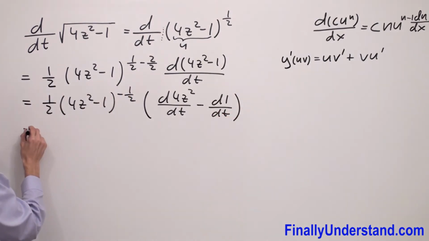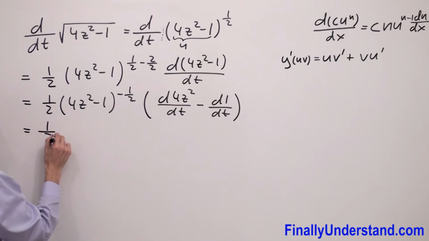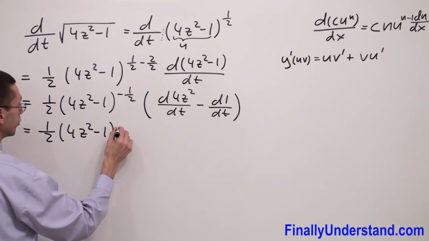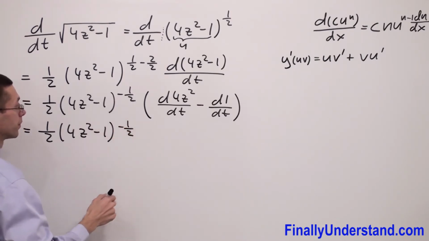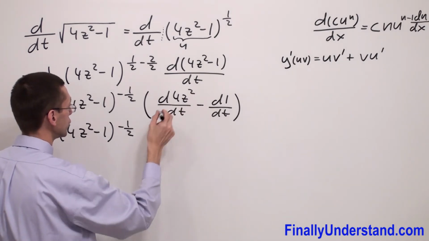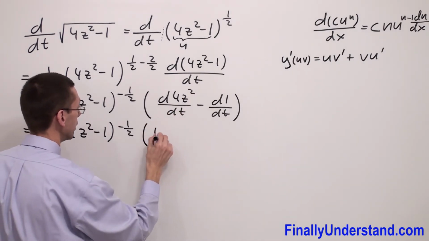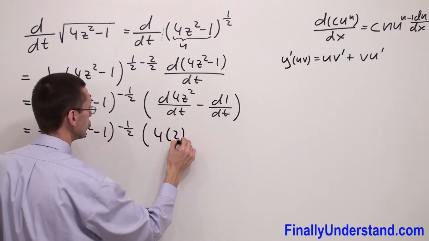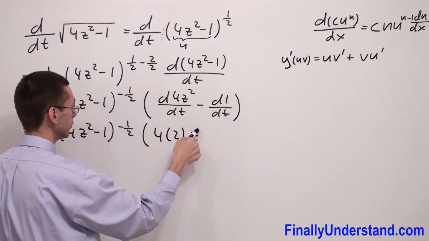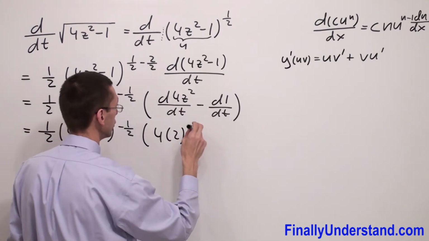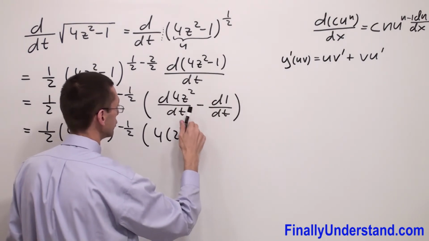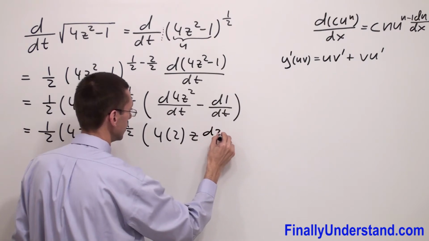So this is equal 1/2 times 4z squared minus 1 to power negative 1/2, and we're supposed to find derivative of 4z squared. This is equal 4 times 2 times z. Okay, 2 minus 1 is 1, I'm not going to write it. And of course, we have to find the derivative of z with respect to t. Okay, so I have dz over dt.